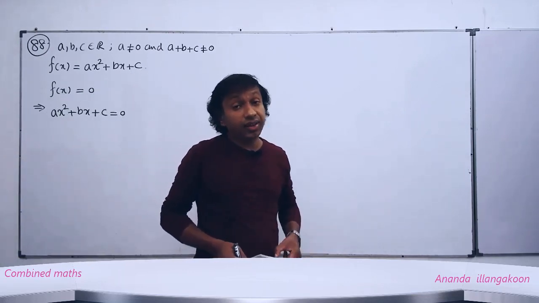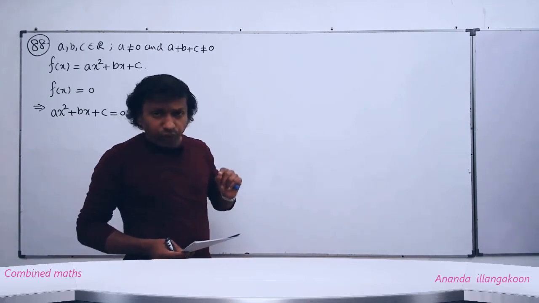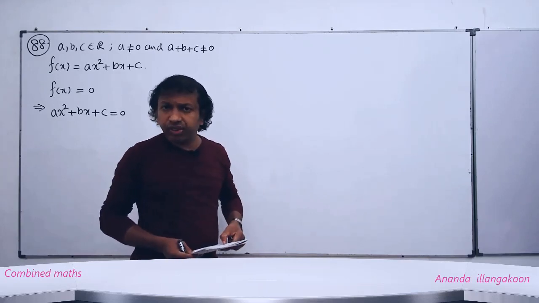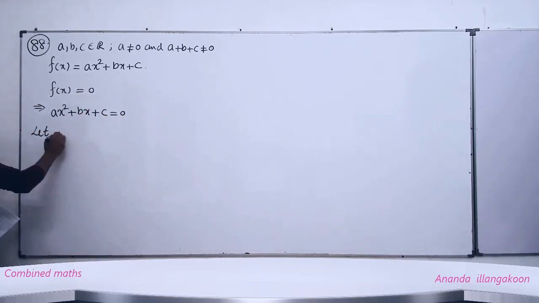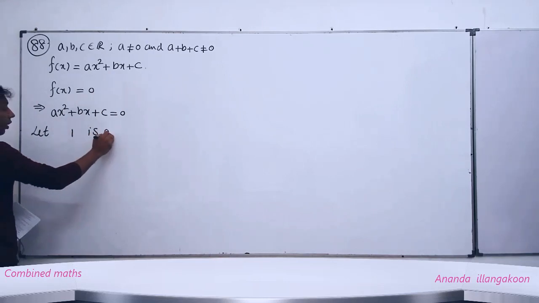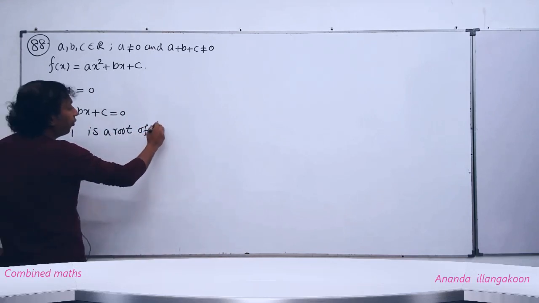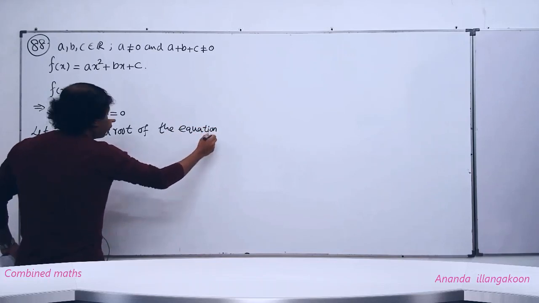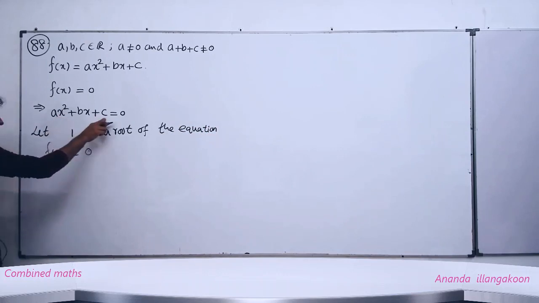We use proof by contradiction. Then what is the assumption? We need to prove 1 is not a root, so we assume 1 is a root of f(x) equals 0. Then we write like this. Let 1 be a root of the equation f(x) equals 0. What is f(x) equals 0? This.